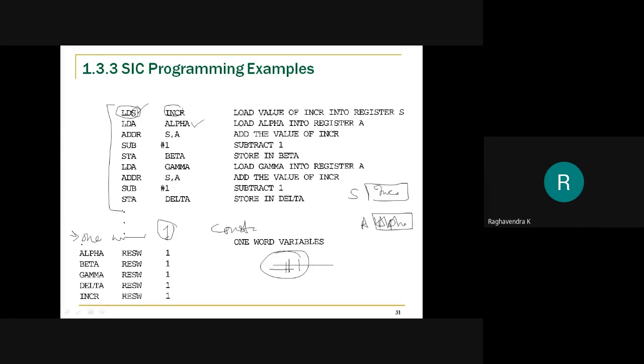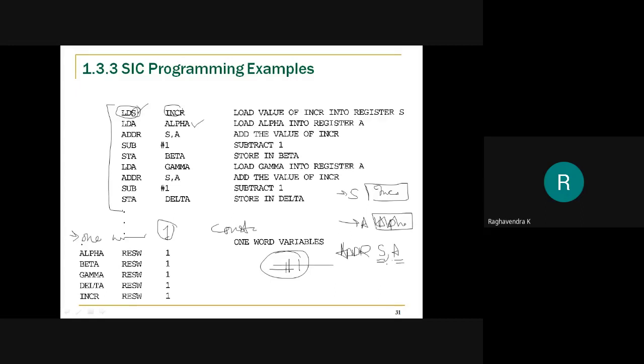Now the advantage of this is that SIC/XE supports register to register operation. So I have got 2 operands in registers, and I can directly use ADDR. I'm using add register; which are the register values? S is one of the registers and A is the other.